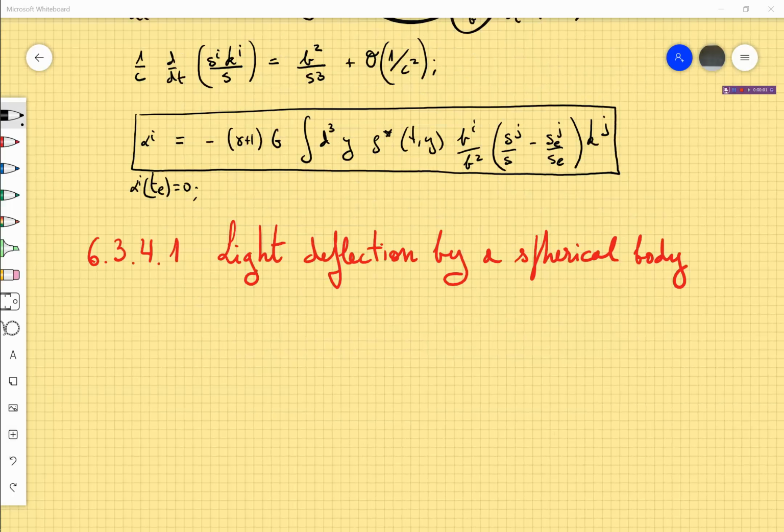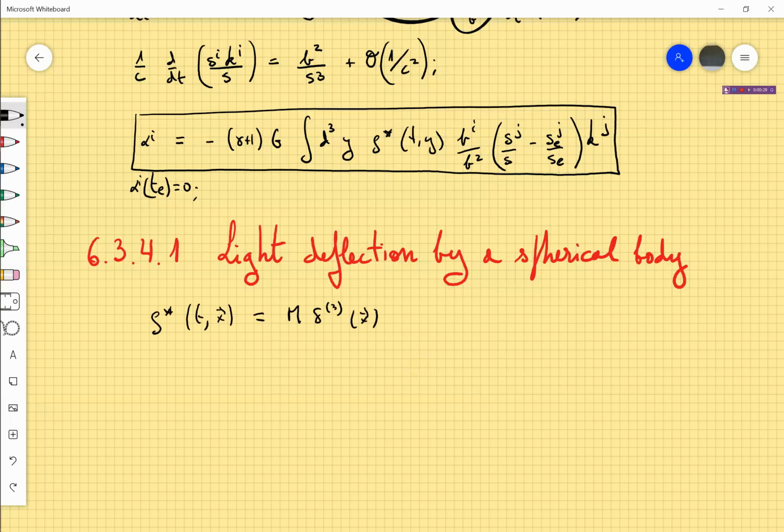In the case of the light deflection by a spherical body, which is the one that we are implicitly studying from the beginning because of the form that we have assumed for the post-Newtonian expansion of the metric, the rest mass density is just the mass of the body times a delta function at the origin.